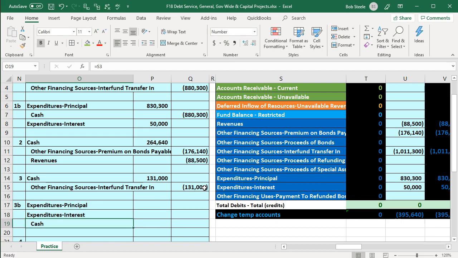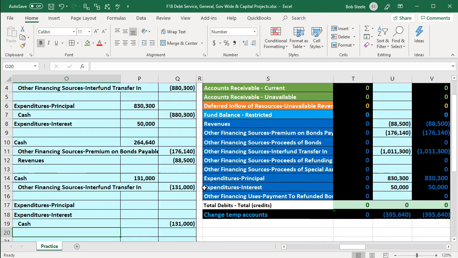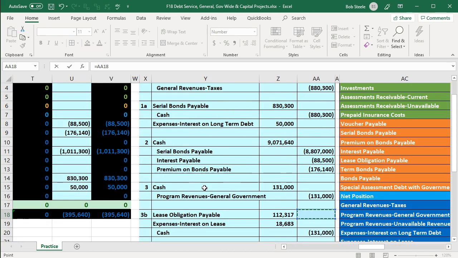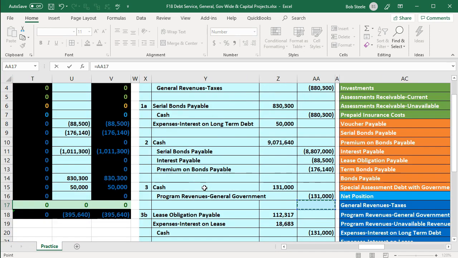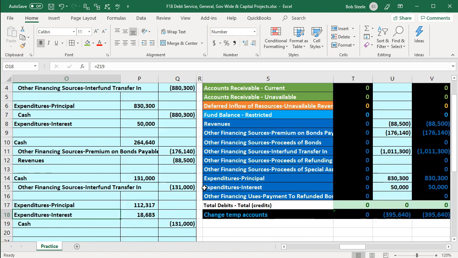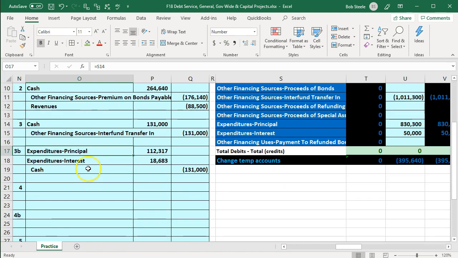So there's going to be our data. The cash we could just pull from the same information from the journal entry over here. The cash is this number. The expenditure for the interest is going to be the same. And then the principal is now going to be under the expenditure, recording the flow as opposed to the payable. So there's our related journal entry in the debt service fund.